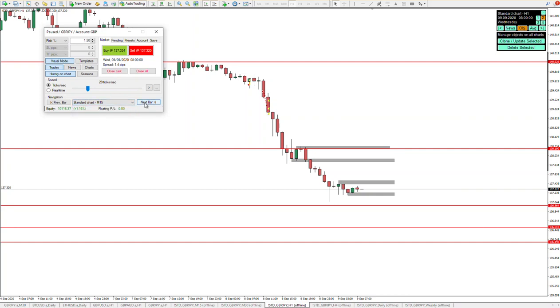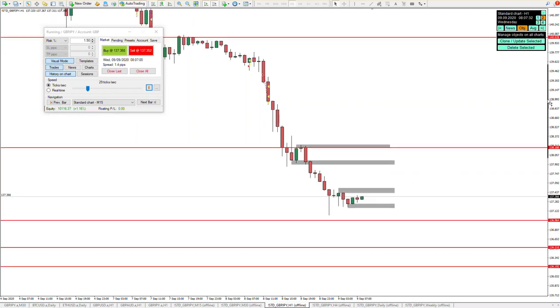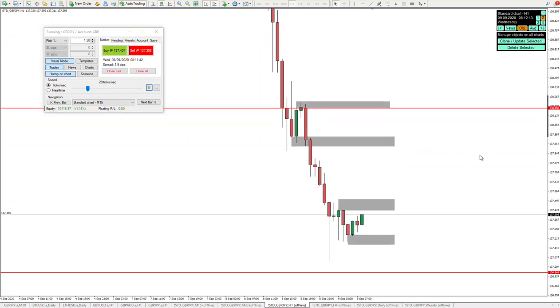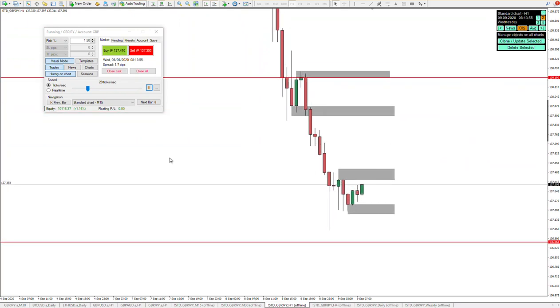M15. Okay, we got an M30 candle closing.